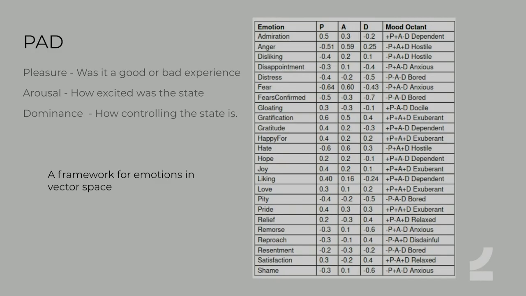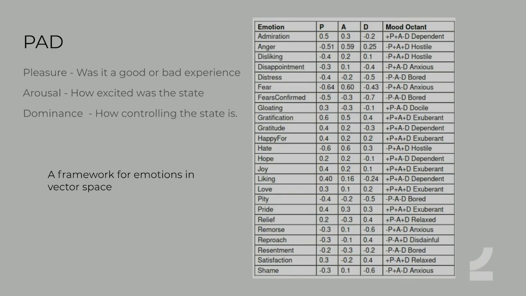Happiness is good. Anger is a negative experience. Arousal states how excited or how energetic the state was. Anger is a high energy emotion, while sadness can be very low. Dominance is how controlling the state is.